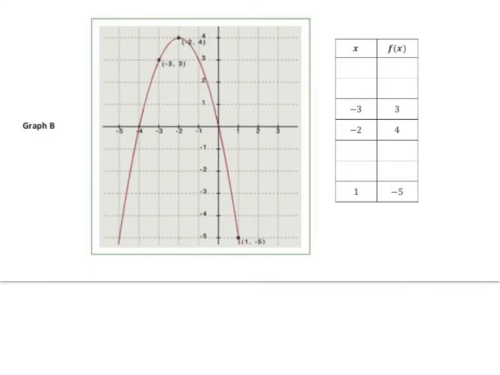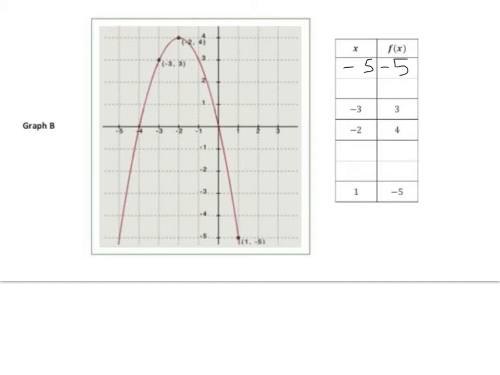Graph B. Looks like I can read this one. We always want to find them where they cross some hatch marks, because then we can actually read it. So I'm going to do -5, comma -5.